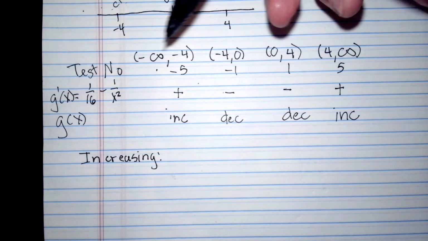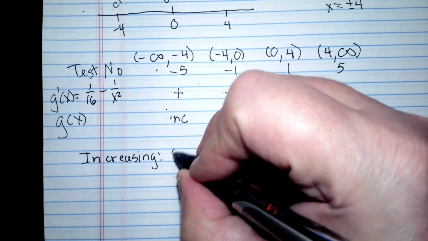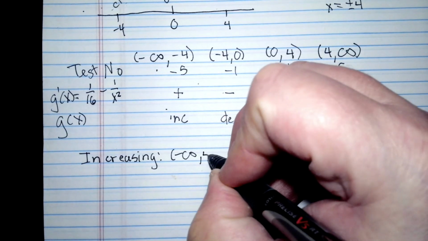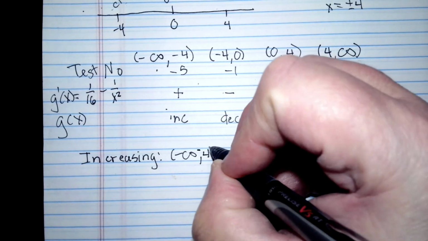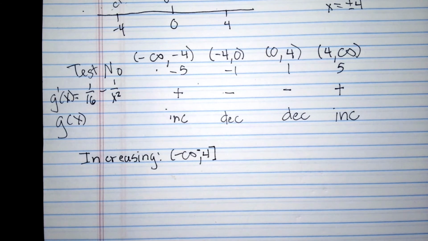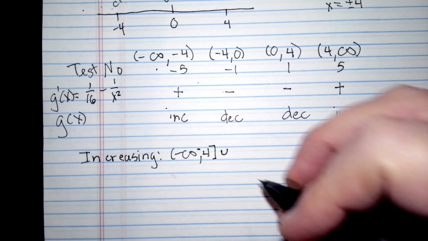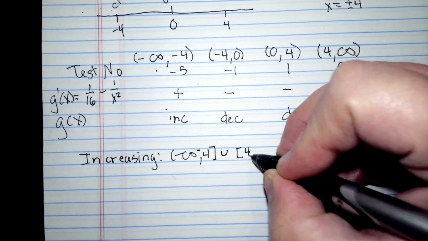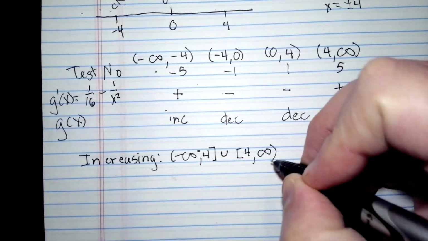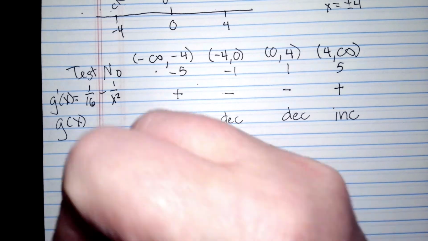So it's increasing on this interval, but let's go ahead and extend that out to include the endpoint -4, and also the interval from 4 to infinity, including the endpoint.